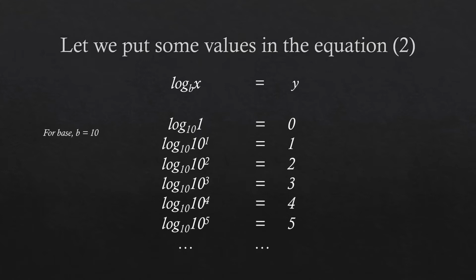I'm changing the numbers format. We can write the numbers in this power form. So you can observe that for the value of x equal to 1 to 10 to the power 5, it produces the value of y from 0 to 5.